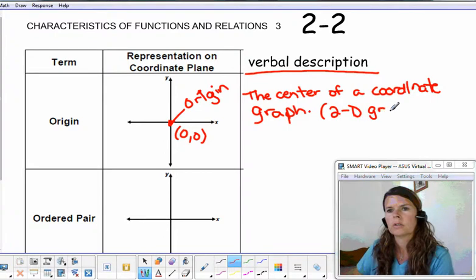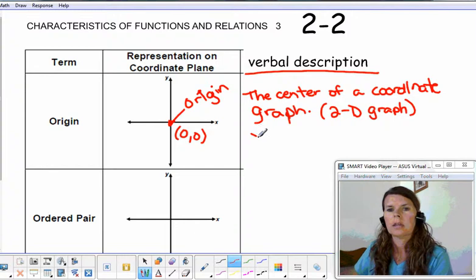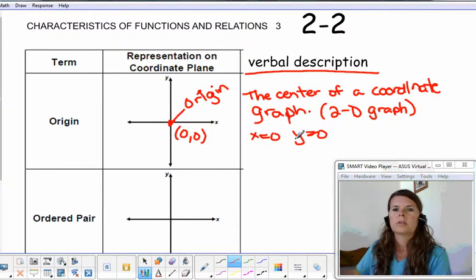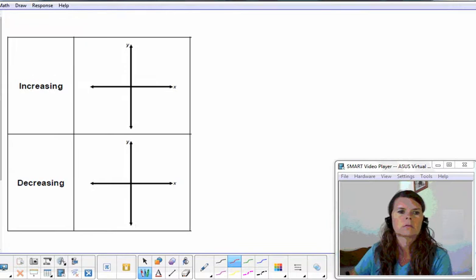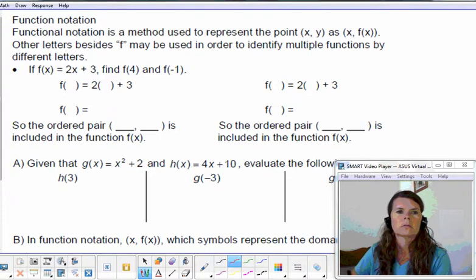In case you don't know what a coordinate graph is, it has an x and a y axis, where a number line is just one dimensional. It just has one line. You could say x equals 0, y equals 0. Just put it in your own words so that you understand what the origin is. And so go ahead and do that for ordered pair, and do that for the rest of these. Again, pause the video if you need to.